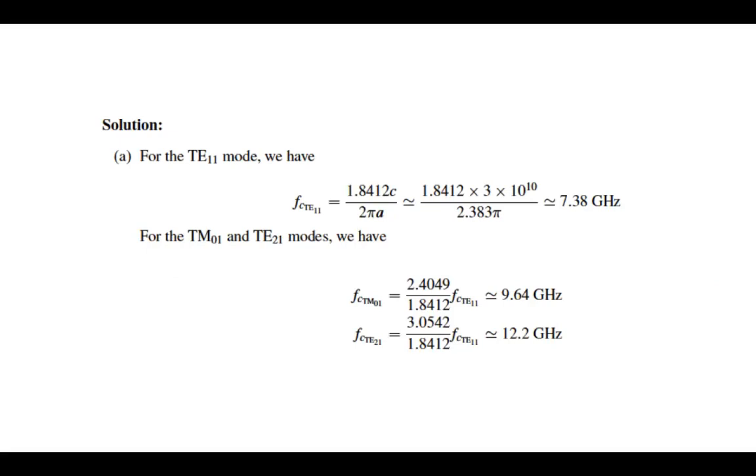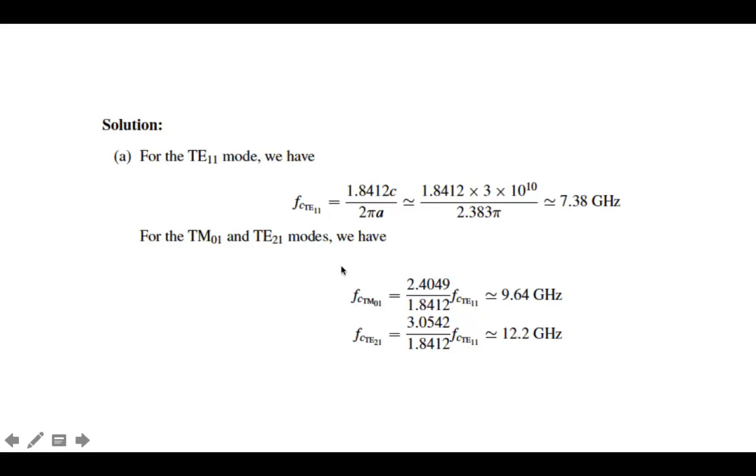The first thing that we do is we solve for the TE11 mode, and the expression given for the cutoff frequency of TE11 is 1.841c over 2πa. So we plug in a for the radius and c for the speed of light since we're in air, and then basically we get 7.38 gigahertz.